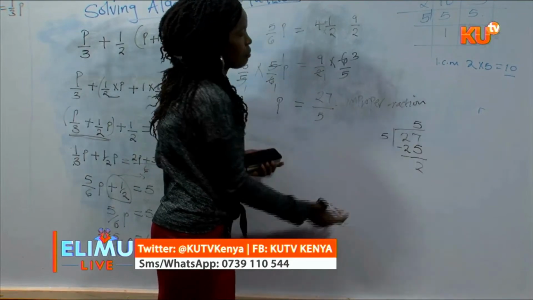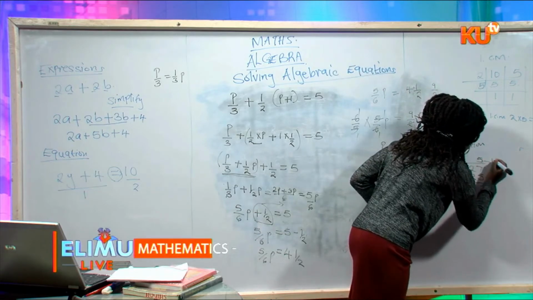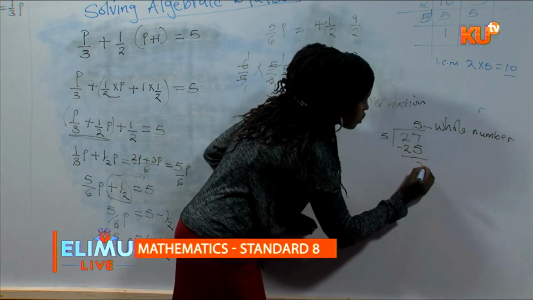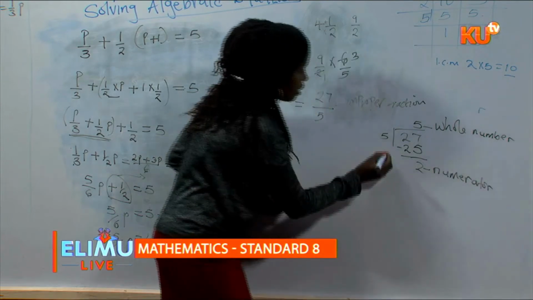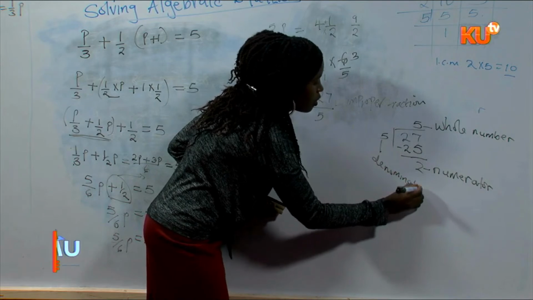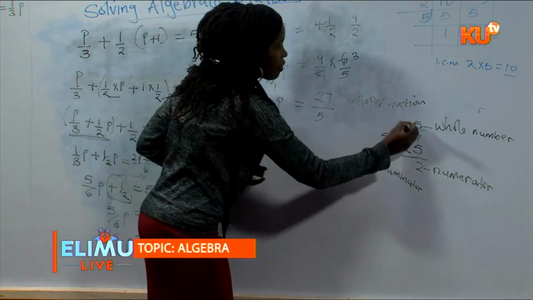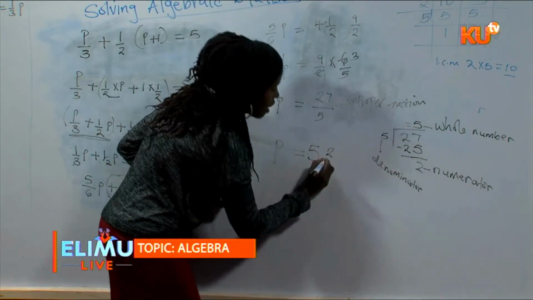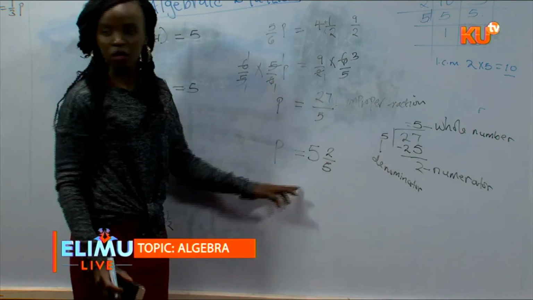When we get this, some people get confused. They really don't know what to write. So this number here on top is going to be our whole number. And this 2 here is going to be our numerator when we are forming the fraction. And then this 5 is going to be our denominator. So with that, now we'll just come down and copy. So our value of P is going to be 5, our whole number, then 2 over 5. So the value of P is 5 and 2 over 5.